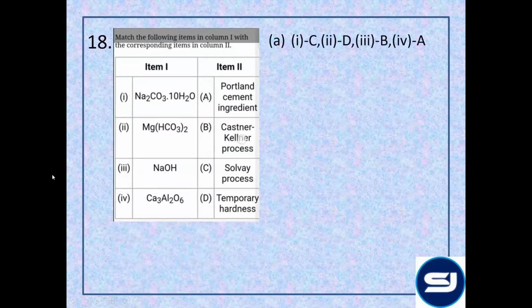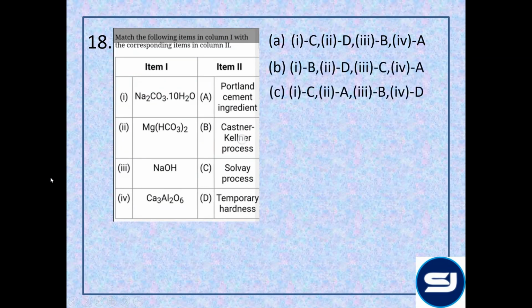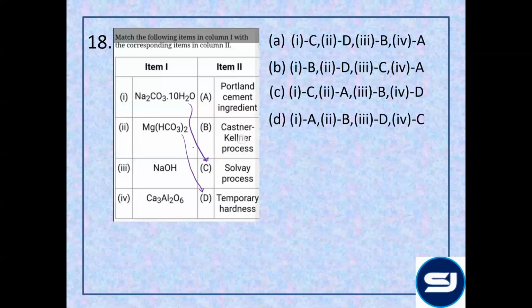Okay, match the column. Okay, first one, Na2CO3.10H2O, washing soda, which is a correct match. Solvay process: it can be prepared by the Solvay process. Magnesium bicarbonate: temporary hardness.